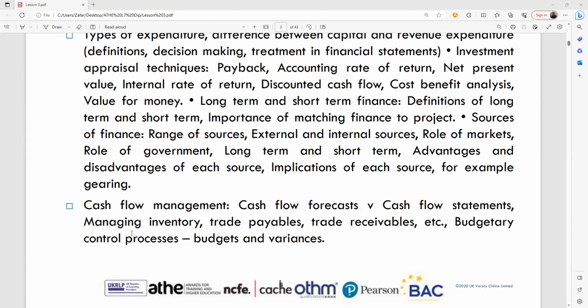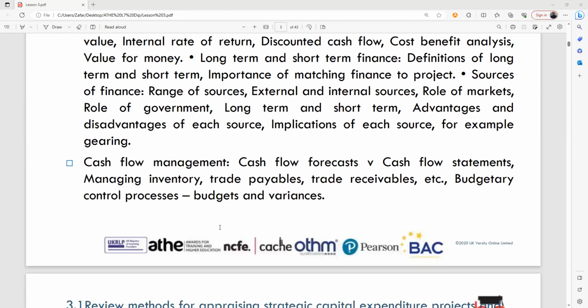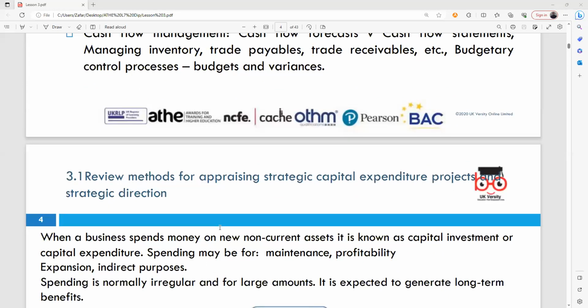The last part of today's session will be on cash flow management, forecasting statements, the benefits of budgetary control, budgets and variances, and how we can control these budgets. These are some of the topics you should know in LO3, because it is all concerned with investment decisions, capital expenditure and budgeting. Then we will look at your assignment on LO4. So this is the plan for today.